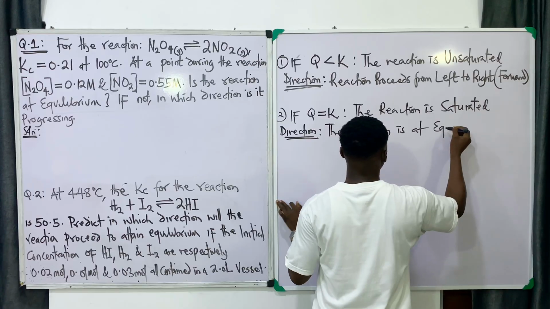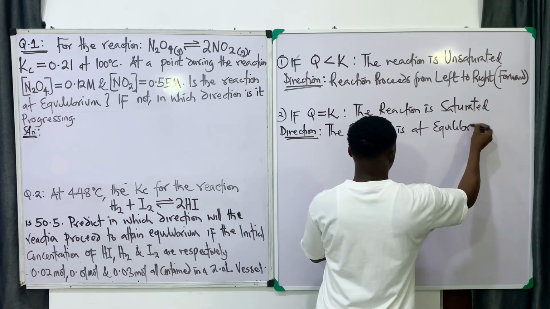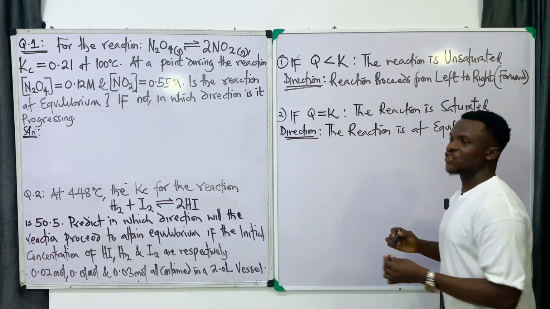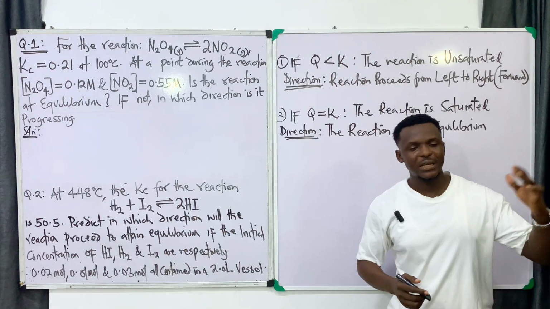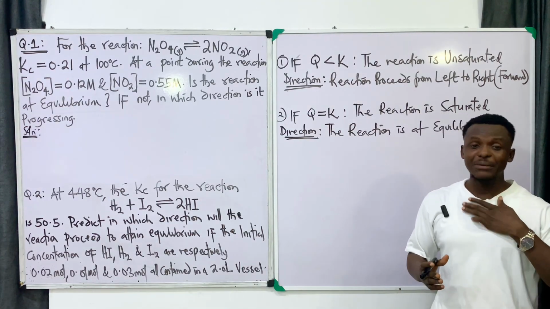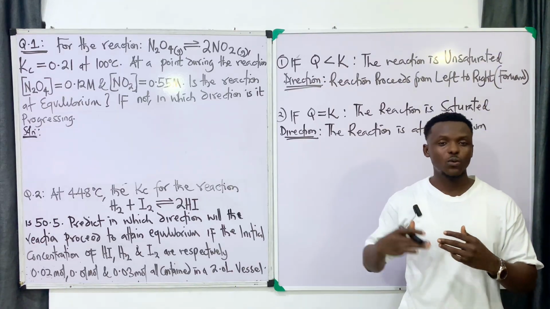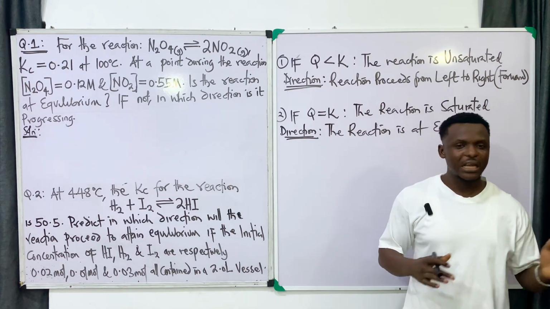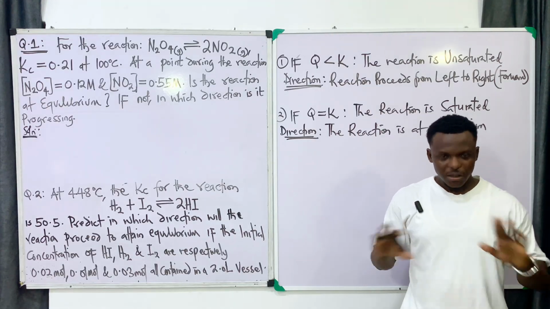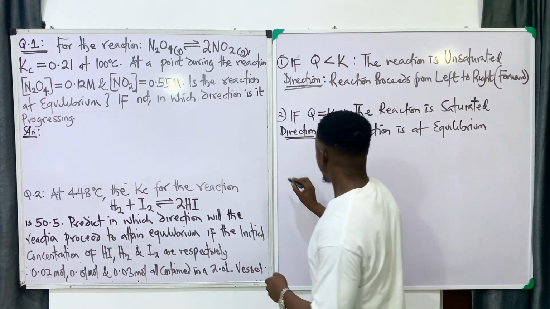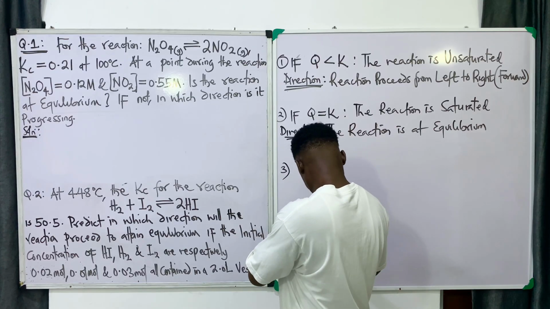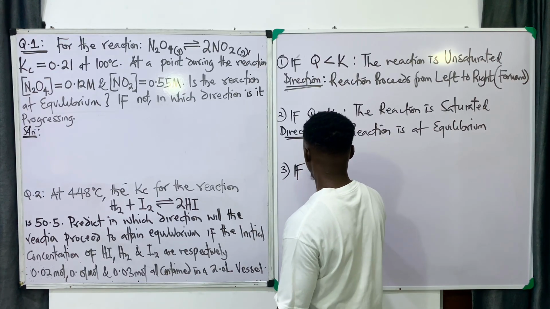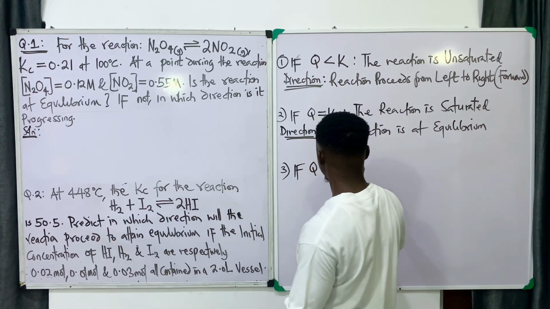Now, when a reaction is at equilibrium, it is neither moving to the left nor to the right. Remember, when a system is in equilibrium, the rate of the forward is equal to the rate of the backward. So it's not moving to the left, it's not moving to the right. It's just at equilibrium.